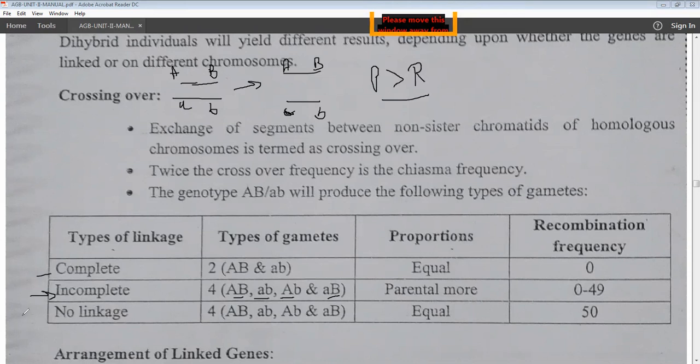If there is no linkage, then these four gametes will be formed. 1, 2, 3, 4. These two are the parental and these two are the recombinants, and the proportion is 50% parental and 50% recombinants.